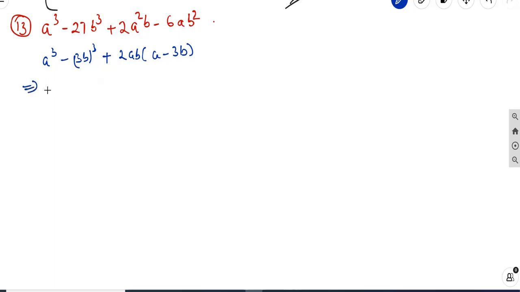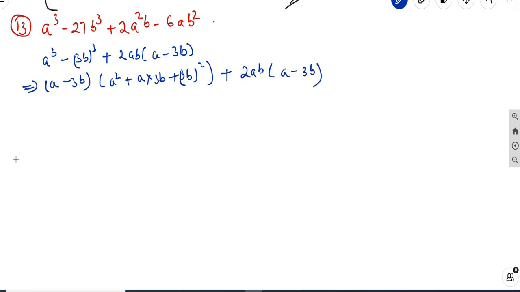So this becomes a minus 3b, open the bracket, a square plus a into 3b plus 3b whole square. Okay, plus 2ab, open the bracket, 2a minus 3b. Okay, so this becomes a minus 3b, open the bracket, a square plus 3ab, plus 9b square.